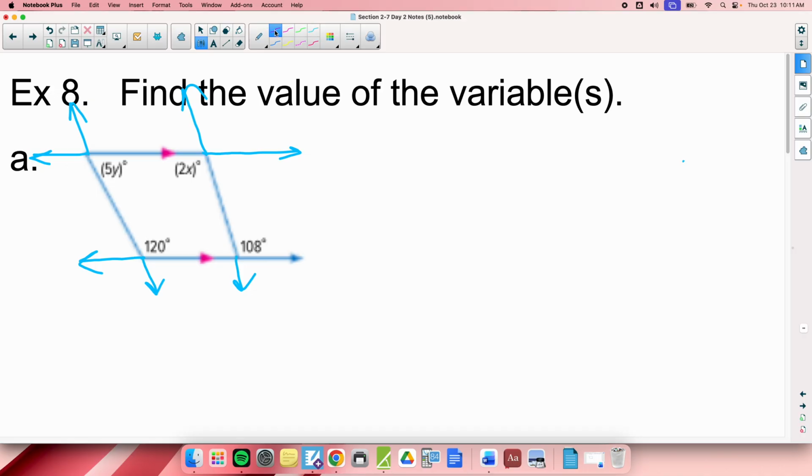What do you know about those two angles? Alternate interior. What do we learn about alternate interior? Equal. So doesn't this equal that? So 2x equals 108. x would equal 54.